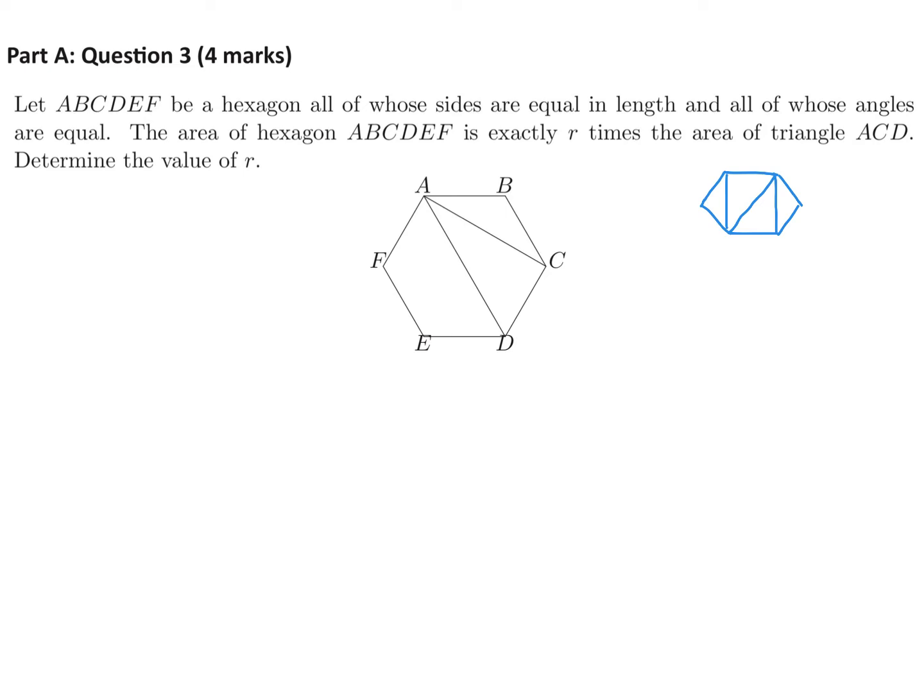So the sum of the internal angles will be 4 times 180, since the sum of the internal angles of a triangle is 180. Now, how many internal angles are there? 1, 2, 3, 4, 5, 6. So 720 divided by 6 is 120. That means each internal angle is 120.